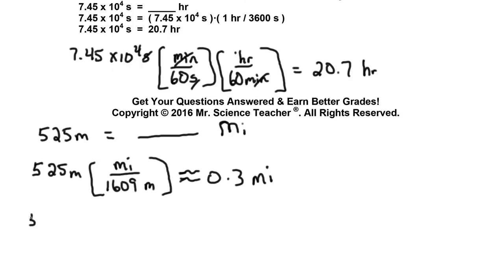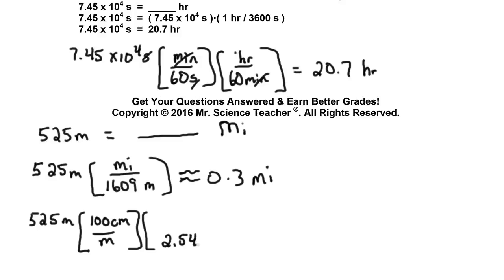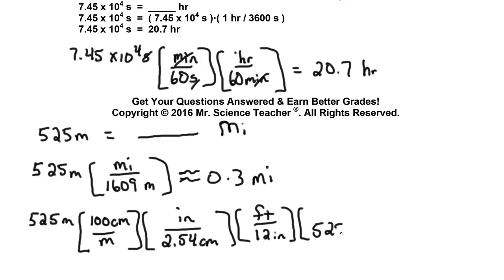And so 525 meters. And in each meter there are 100 centimeters. And there are 2.54 centimeters in an inch. And then there are 12 inches in a foot. And there are 5,280 feet in 1 mile.